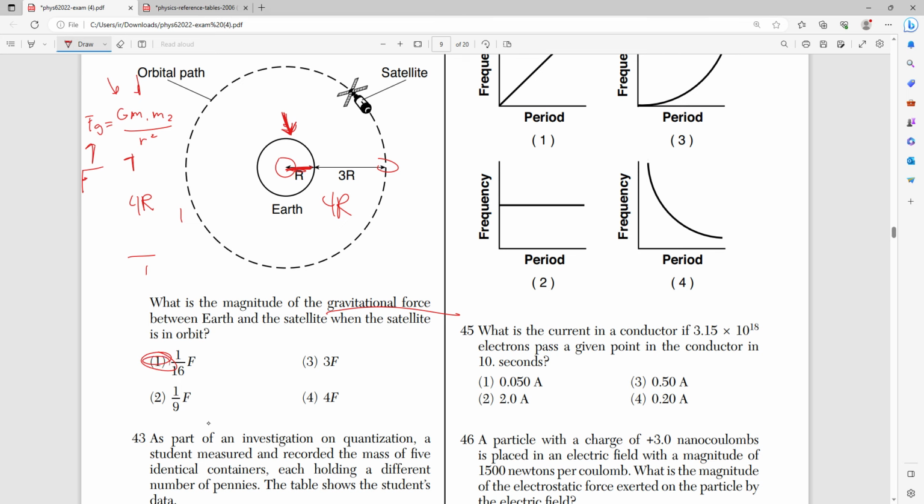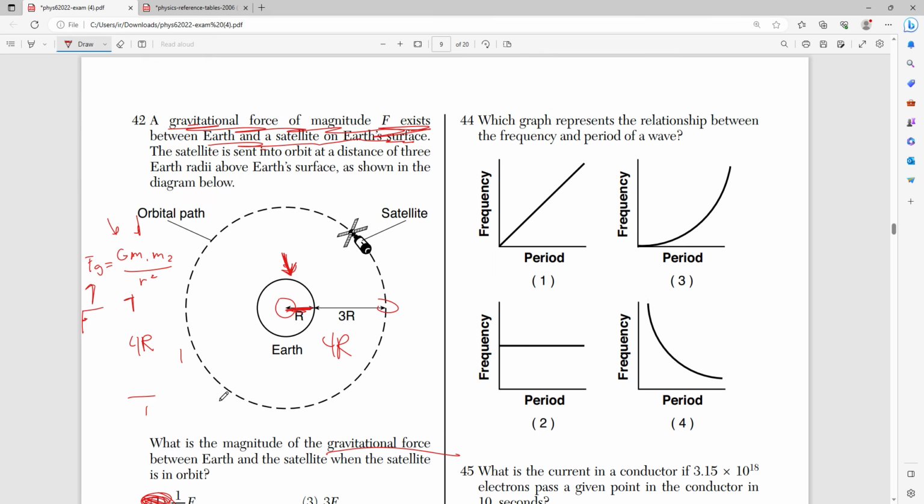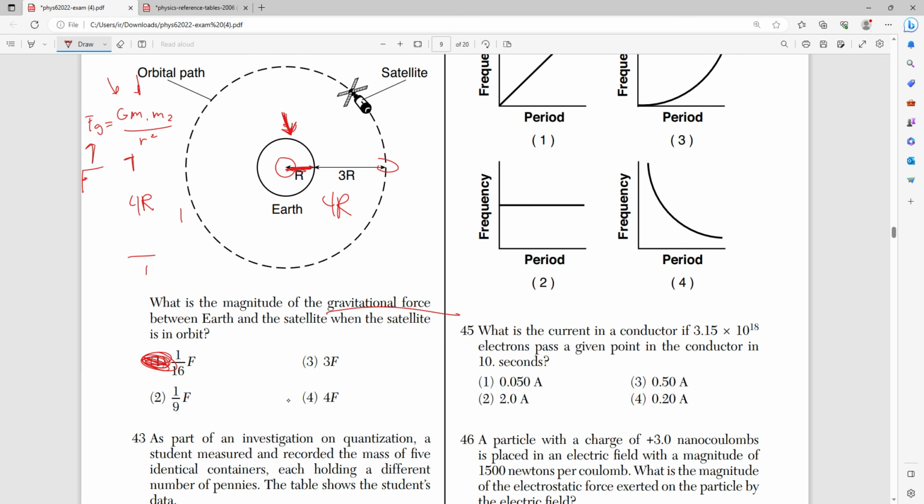It's going to be 1/16 of what it was, because 4 squared is 16. We're dividing F by 16, so it's 1/16 of what it was in the first place.